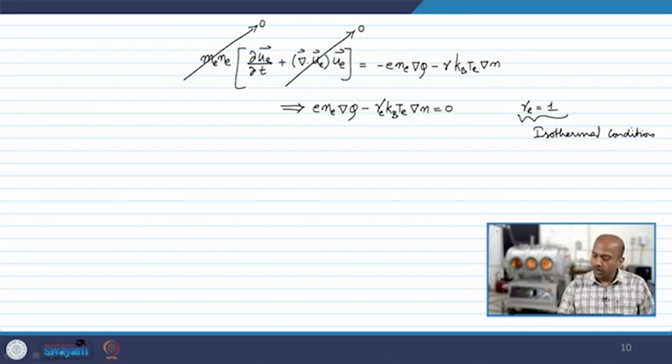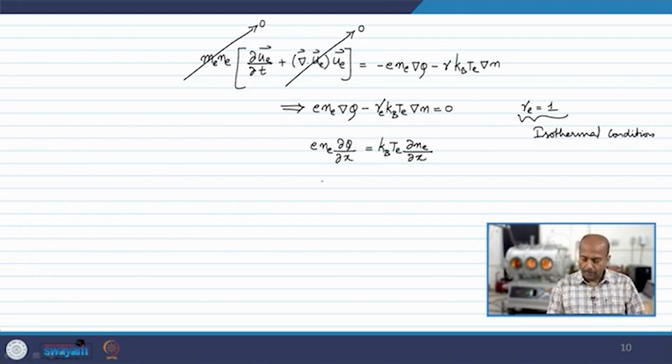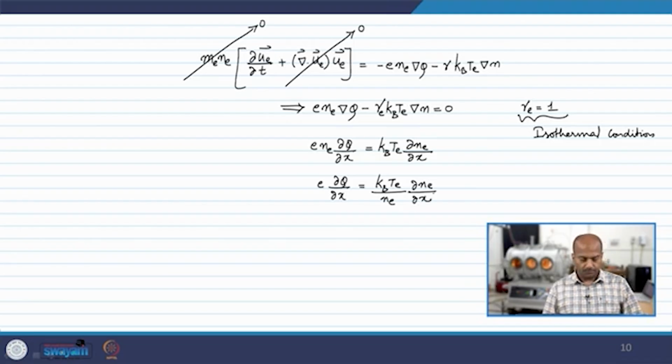If we consider only the one dimensional case, we can write e n_e ∂φ/∂x = k_B T_e ∂n_e/∂x, or e ∂φ/∂x = (k_B T_e / n_e) ∂n_e/∂x.